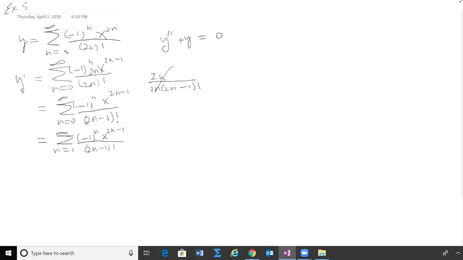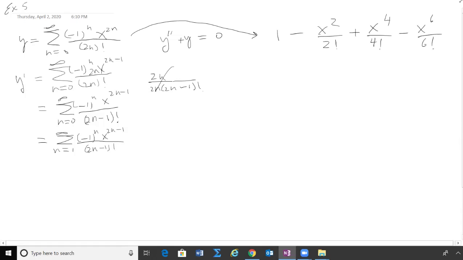But let's look at this for now. Let's expand this. Let's write out the first few terms of this. It looks like just a 1 minus x squared over 2 factorial, and then plus x to the 4th over 4 factorial, and minus x to the 6th, etc. So that would continue on.